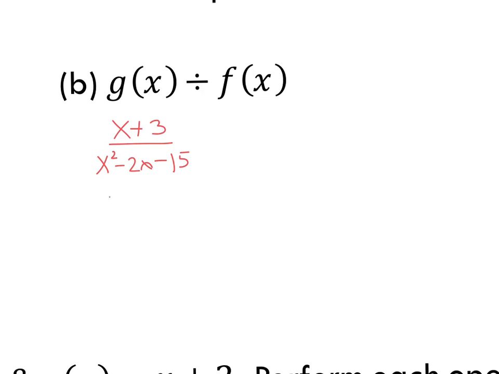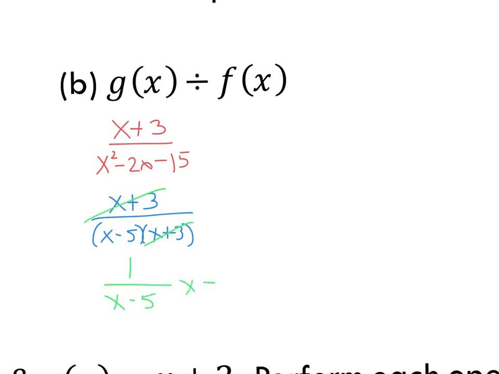So we know x squared minus 2x minus 15 factors to x minus 5 and x plus 3. And remember what we did last semester if it was a product, right? We can reduce this down. So we're left with 1 over x minus 5. But remember, we also have to do our restrictions. X cannot be 5 and negative 3.